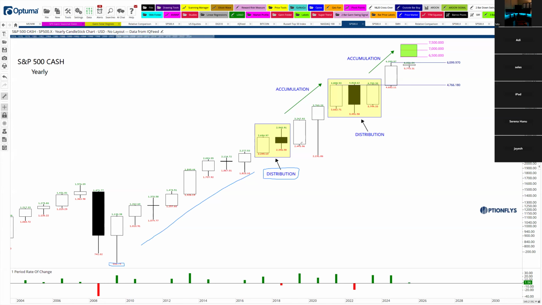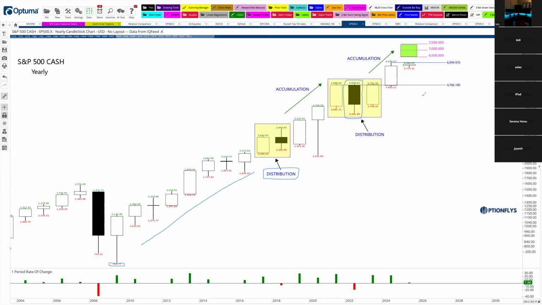From here we made a new high. This one made a new high, a spinning top. Then we rip right back up. And here's where COVID happened. That's the COVID low right there, 34.91.58.